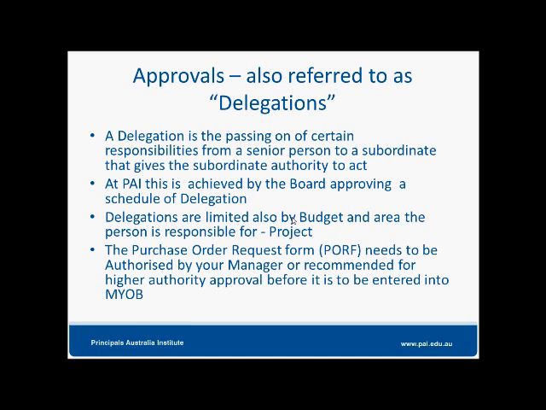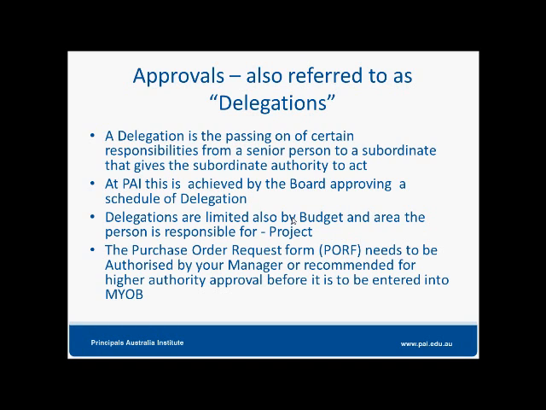Delegations are limited not only by the amount or the total dollars that they might approve, but also by their area of responsibility, their project, and that budget within the project. So fundamentally, if you're asked to approve something for another project, then technically the answer is no. There may be occasions where that is required for convenience or to complete a process, in which case that person should identify that they're signing on behalf of someone else.